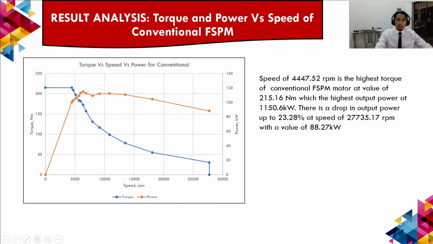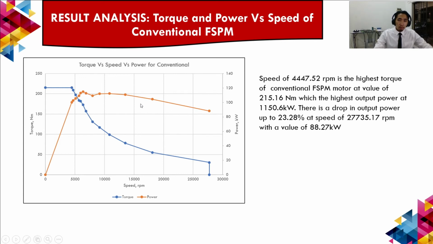Next analysis is torque and power versus speed of the conventional flux switching permanent magnet. As you can see, the blue one is the torque and the orange one is the power. At a speed of 4447.52 rpm is the highest torque for the conventional flux switching motor, at a value of 250.16 Newton meter, with higher output power at 1150.6 kilowatt.